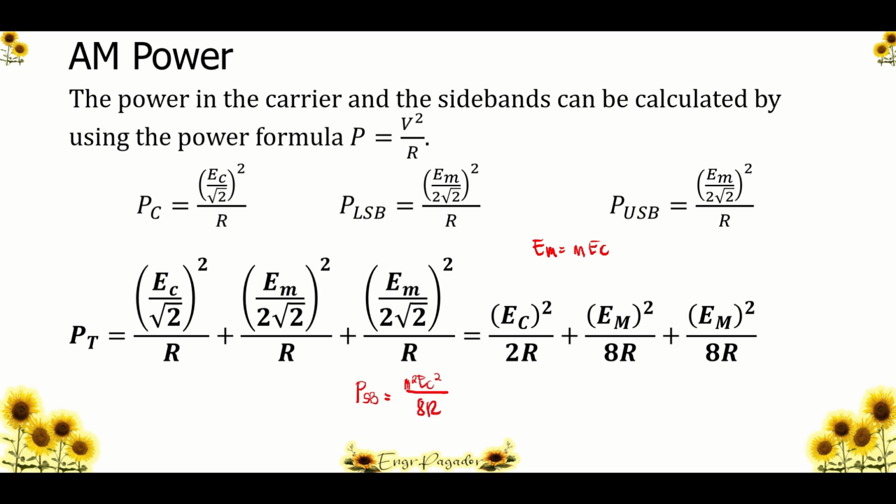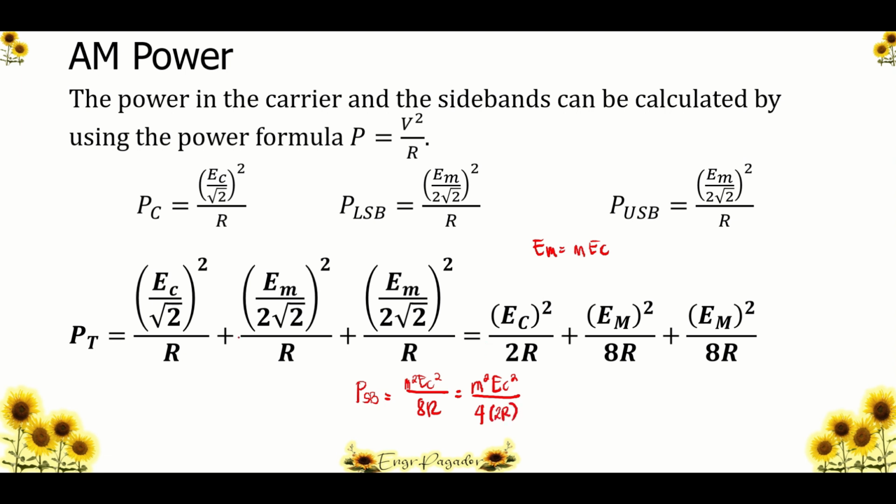If we factor out the denominator to have a factor of 2R, this will be equal to M squared EC squared all over 4. So we factor out 4, so that what remains is 2R.